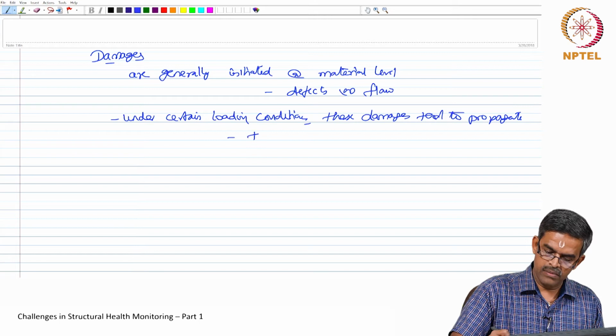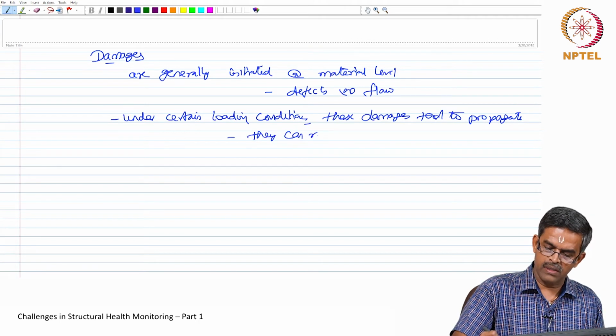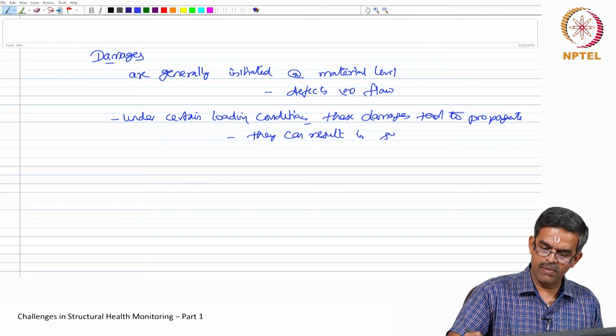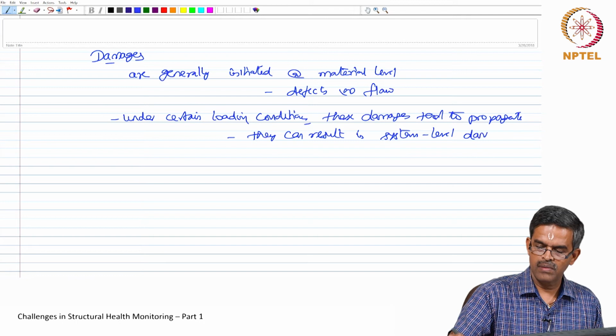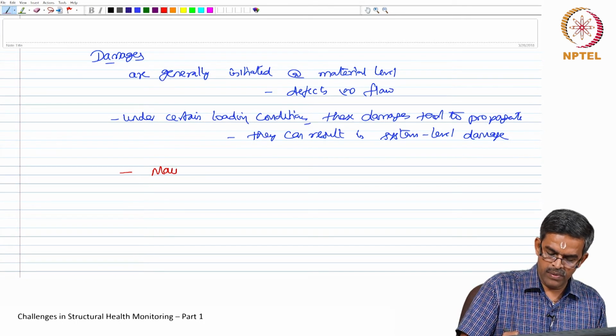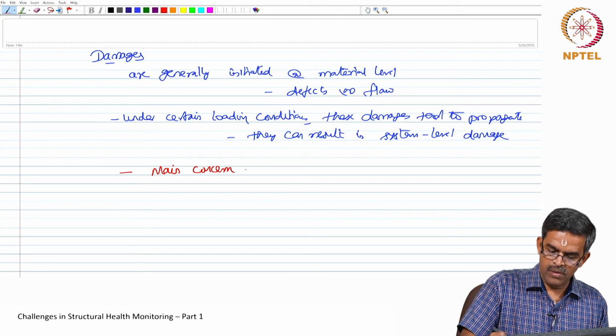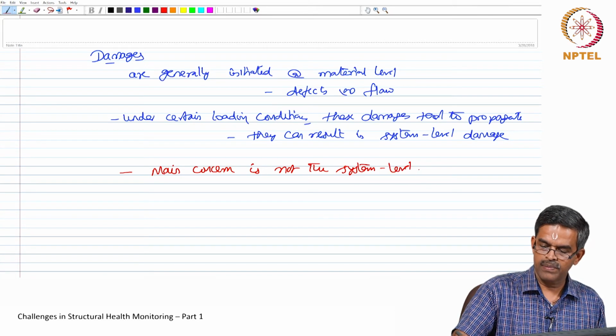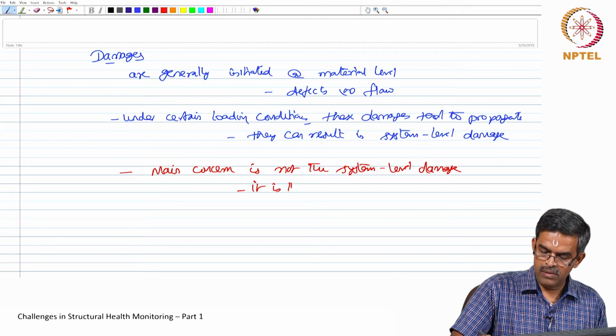And they can result in system level damage. So, friends, the main concern is not the system level damage, it is the component level damage.